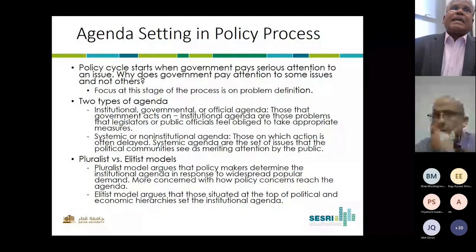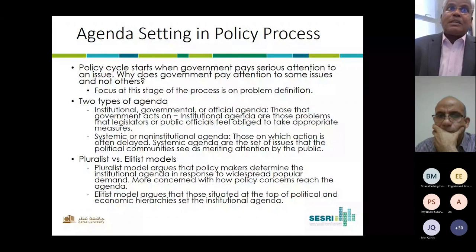The second is the systemic non-institutional agenda, those on which action is often delayed because they require a large amount of evidence synthesis. Systemic agenda are the set of issues that the political community sees as meriting public attention.